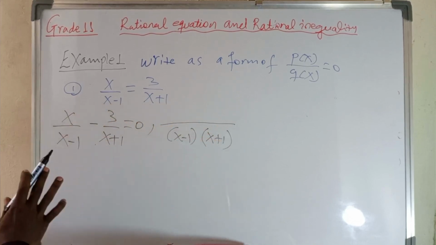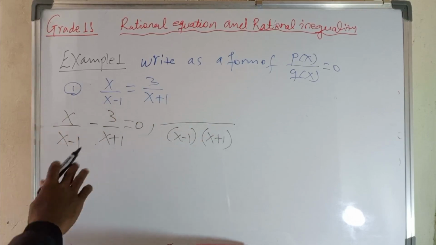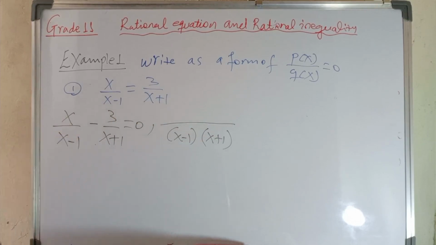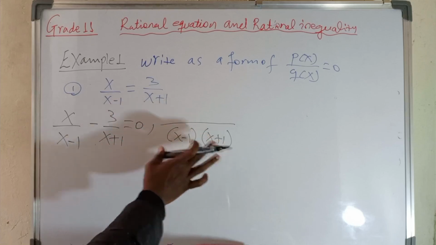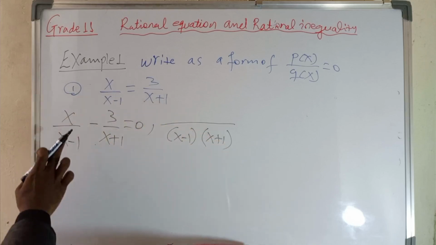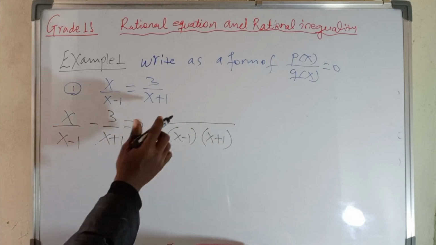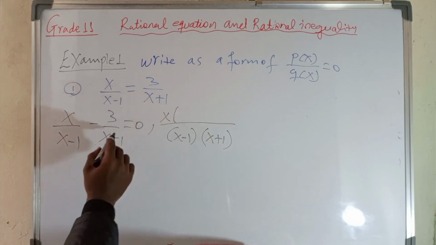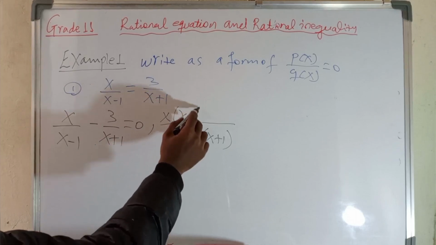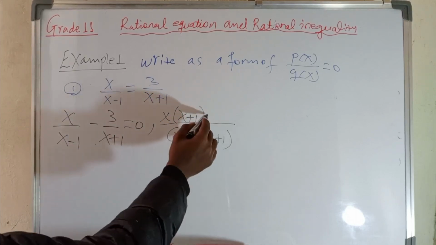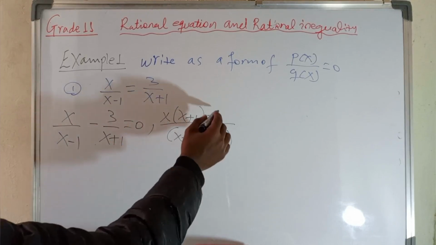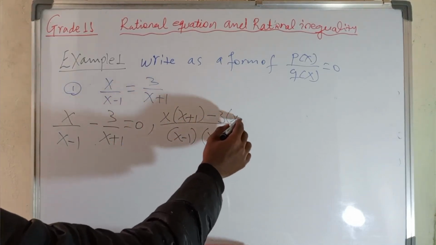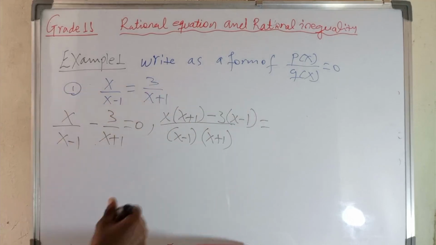Then x minus 1 times x plus 1 divided by x minus 1 gives us x times x plus 1, minus 3 times x minus 1.